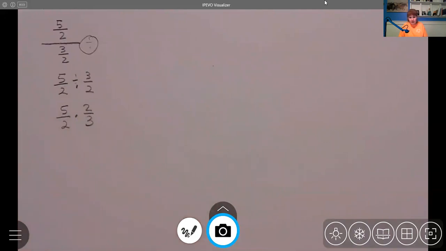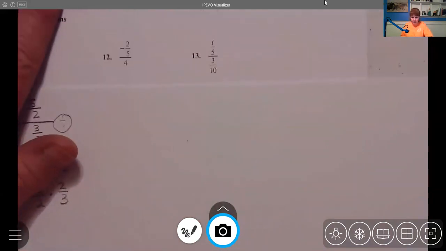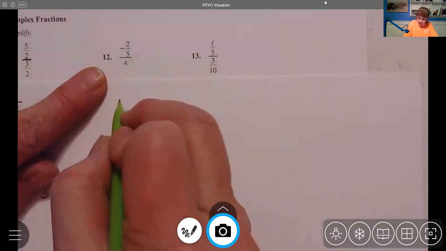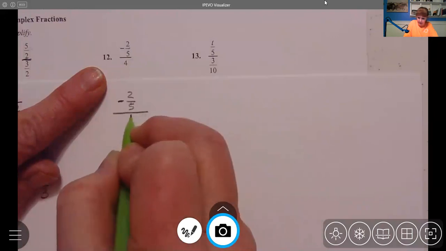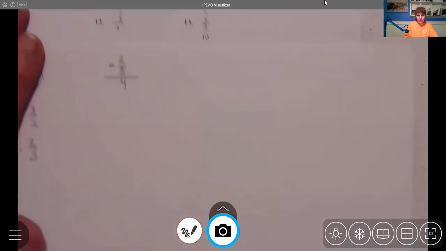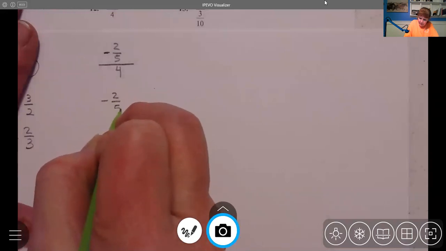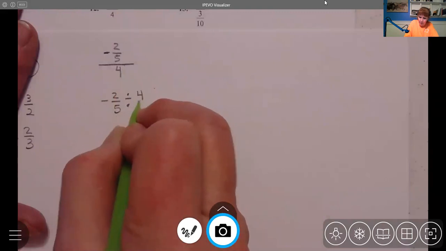All right. So looking at number 12, getting you started here, this is a -2/5 divided by 4. I'll copy it, more room, is a -2/5 divided by, you can put 4/1.